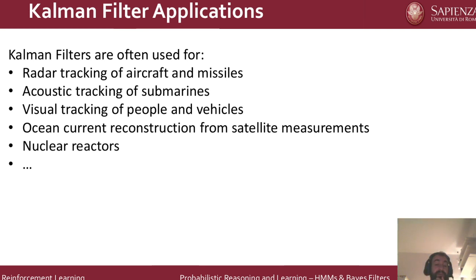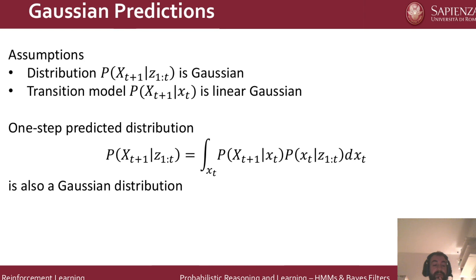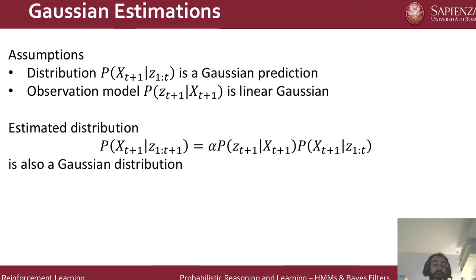You might be using it yourselves, and it's actually very easy to implement. The details are here in the slides. Again, I don't want to go into the detail of it, but it's really just what we described, except that you're dealing with continuous space and you're using Gaussian distributions.